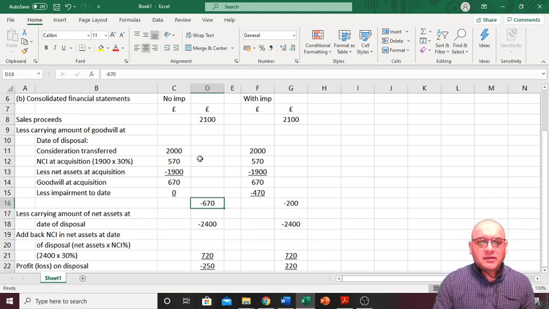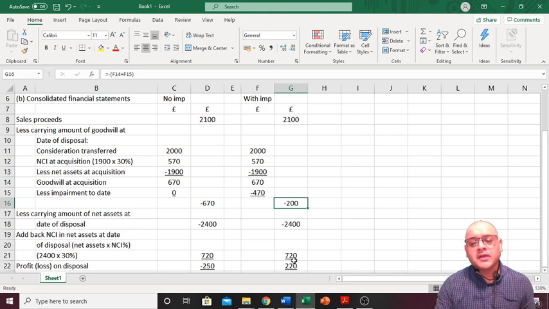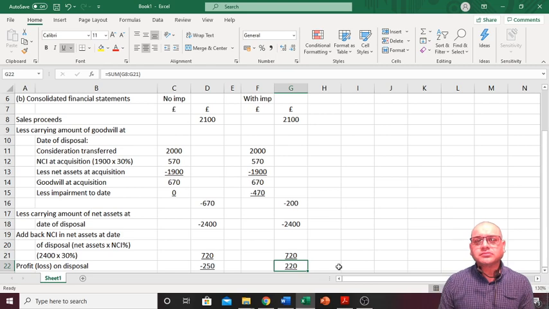In our previous part, because there was no impairment, we deducted a large proportion of goodwill from the sales proceeds. We ended up getting a loss. But because we have reduced the goodwill that we would deduct from the sales proceeds in the second part, we have a profit. So this profit or loss will be reported in the consolidated statement of profit or loss as profit or loss from discontinued operations.